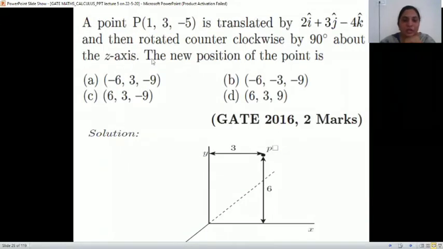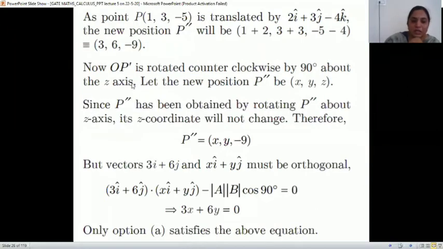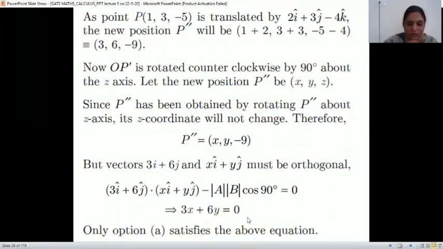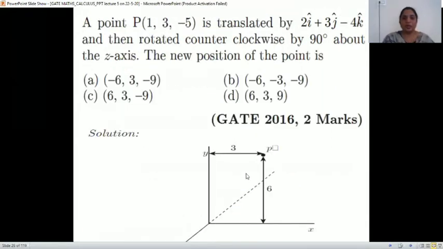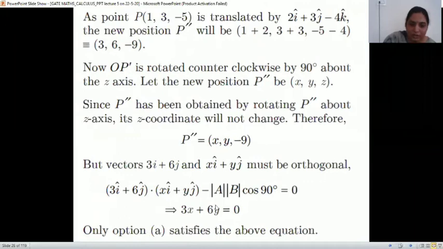So try the first point. x is minus 6 and y is 3. If you put x as minus 6 and y as 3, this will satisfy: minus 18 plus 18 is 0. If we check another point, like x is minus 6 and y is minus 3, minus 18 minus 18, this will not be 0.